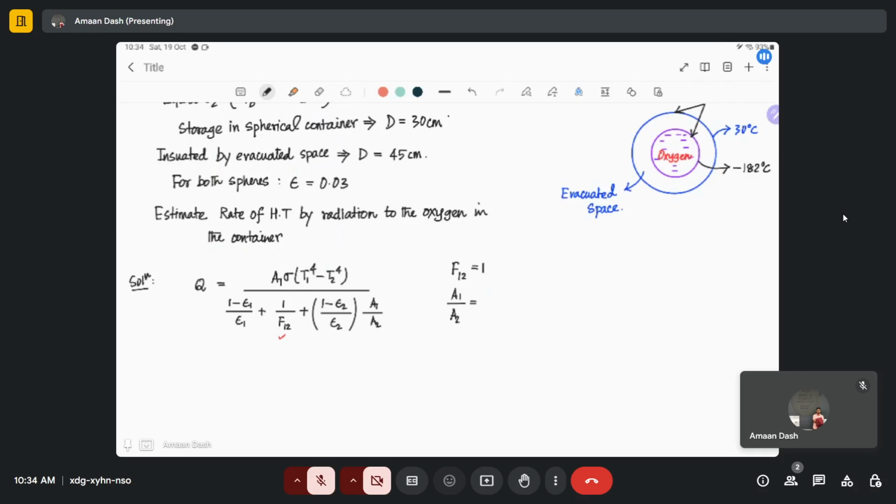That is nothing but 4 pi r square, or pi d square, so pi will cancel out. We can write d1 by d2 square.